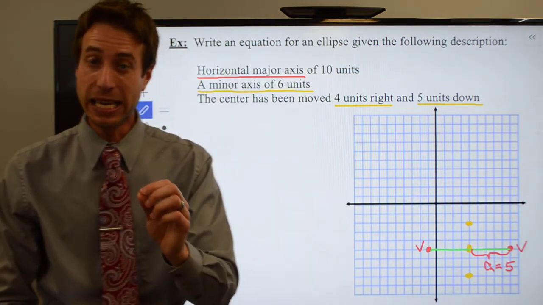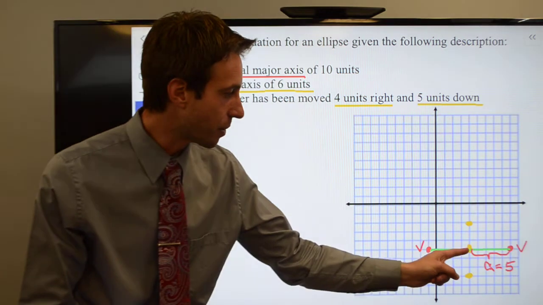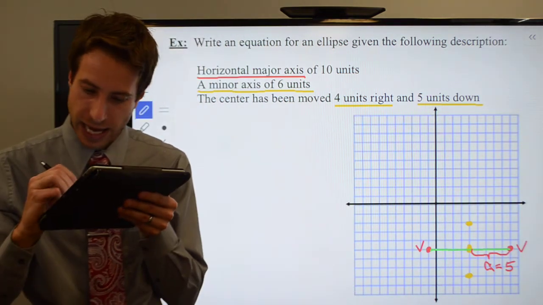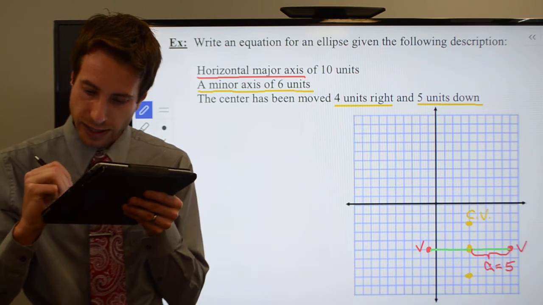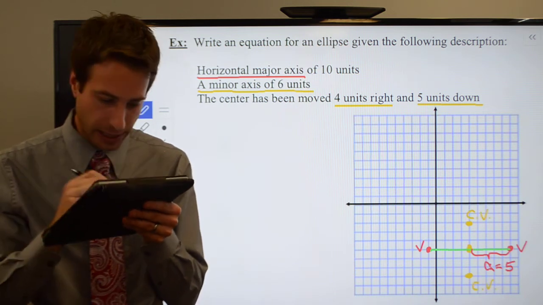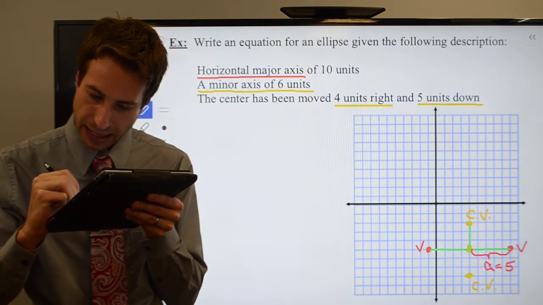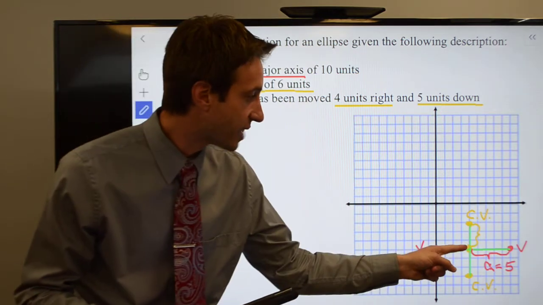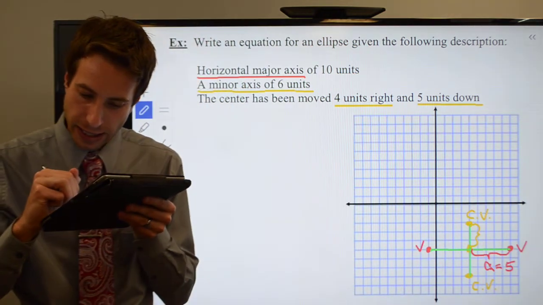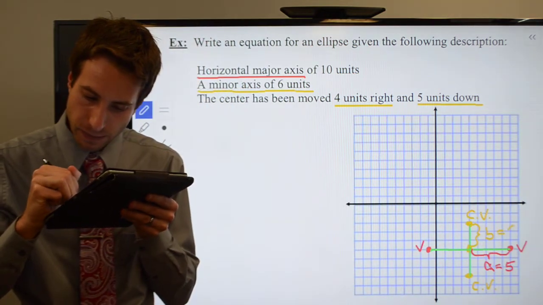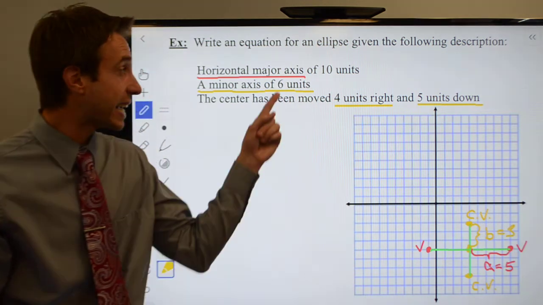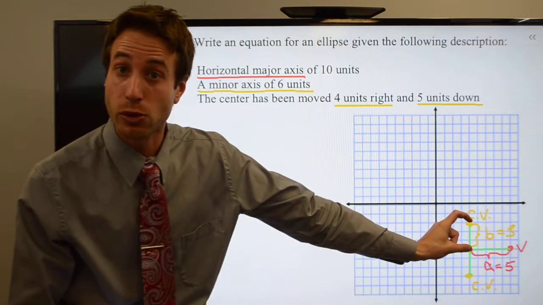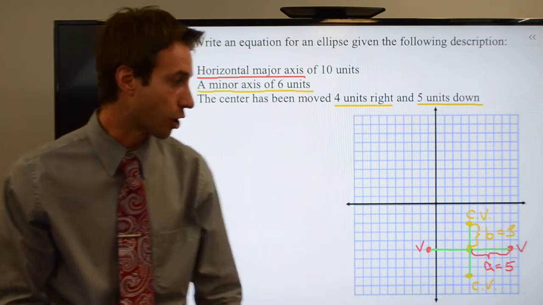But the value of B is the distance from the center to the co-vertex, right? This is a co-vertex. This is a co-vertex. This is my minor axis. And B is the distance from the center to the co-vertex. So while the length of the minor axis is 6, B is actually just 3 because it's the distance from the center to the co-vertex.